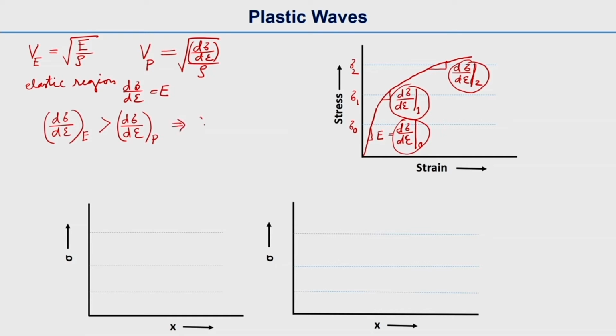That means the velocity of elastic wave is higher than the velocity of plastic wave. That is an important conclusion from here. And also V decreases in the plastic region, or we can just write Vp decreases with decreasing work hardening.